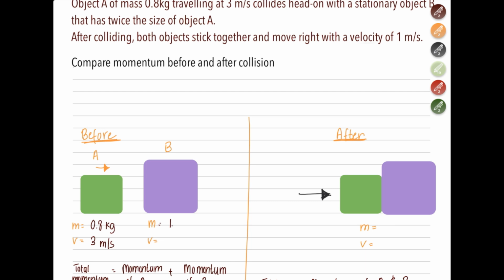So this will be 1.6 kilogram, and the velocity is 0 because it's a stationary object, right? So it's 0 meter per second. Now they're saying after the collision, they both stick together and move with a velocity of 1 meter per second. So the velocity is 1. But what about the mass? Now they're sticking together, so their mass is going to be combined. This is going to be 2.4 kilogram.